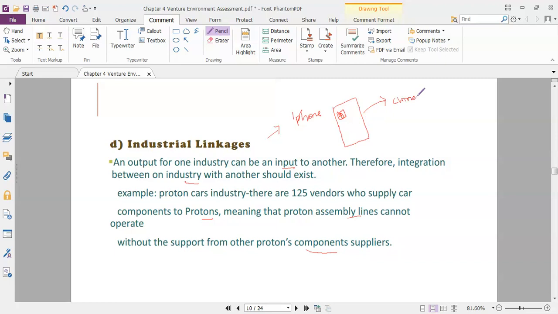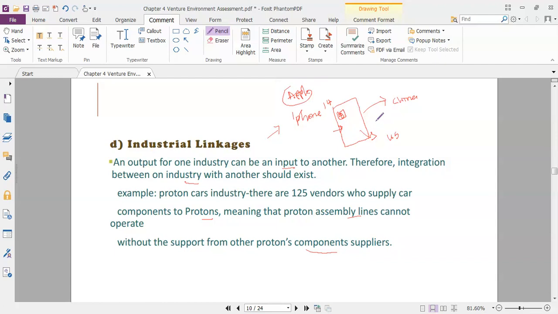Some of the components are from China, and some of it comes from the US. So if Apple is producing the iPhone, it doesn't mean that all the components in the phone are built by Apple itself.